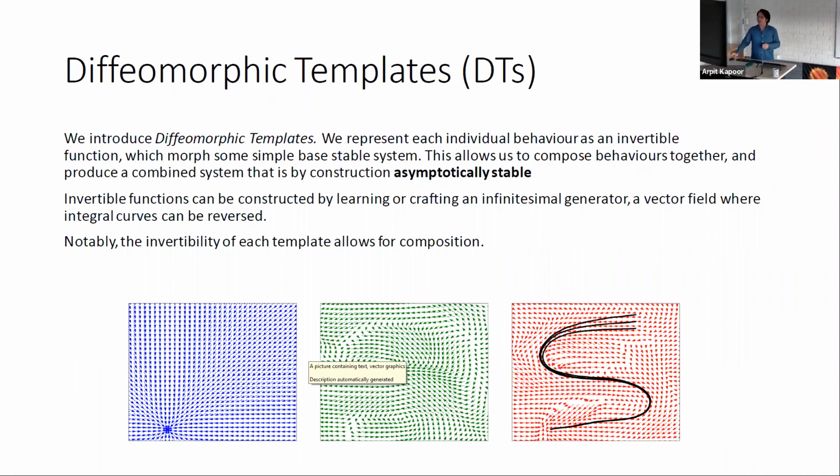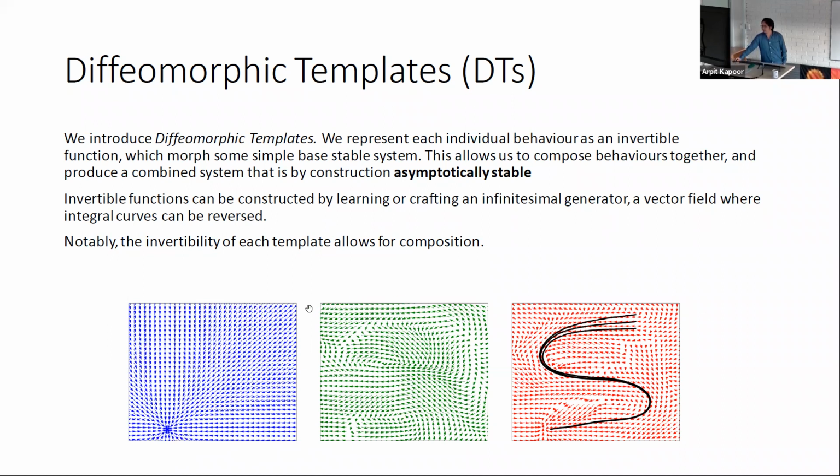And so you can use this to construct these invertible functions. Here's an example where we want to learn this S motion, and we start off with a very simple attractor. So this has one global equilibrium point.